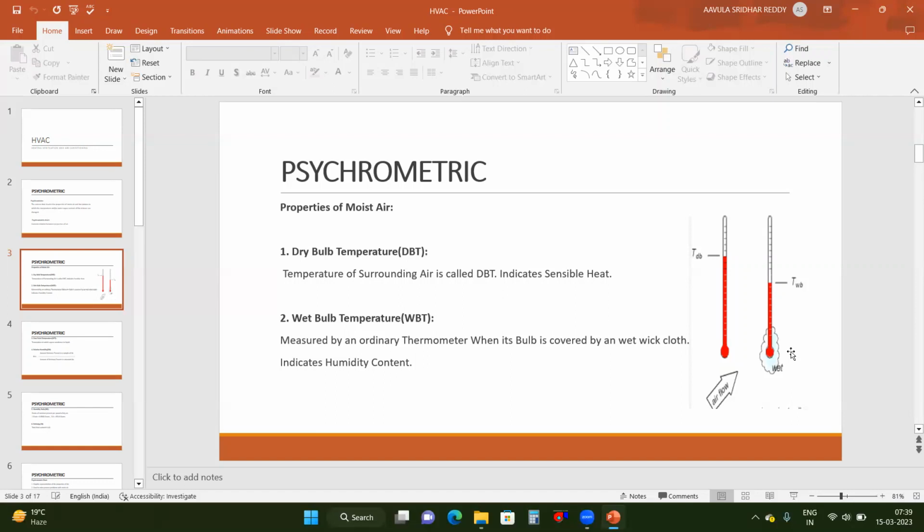In simple words, wet bulb temperature indicates how fast evaporation is happening. When we wet the cloth and tie it to the thermometer, the wet cloth contains some water, that is the moisture, and the evaporation depends on the humidity present in the atmosphere. So that is wet bulb temperature.